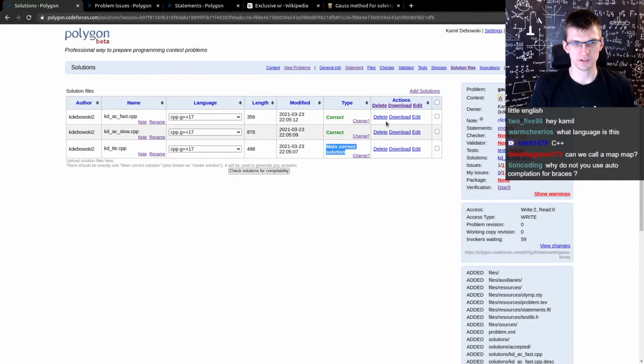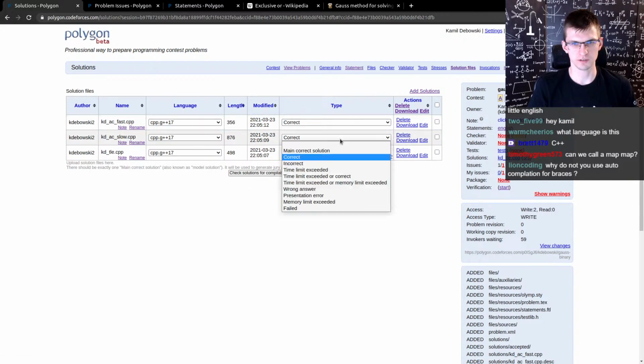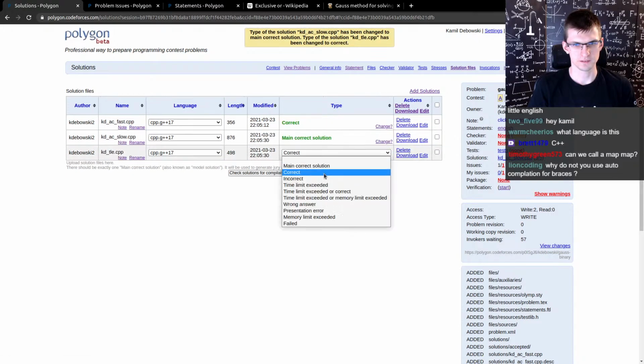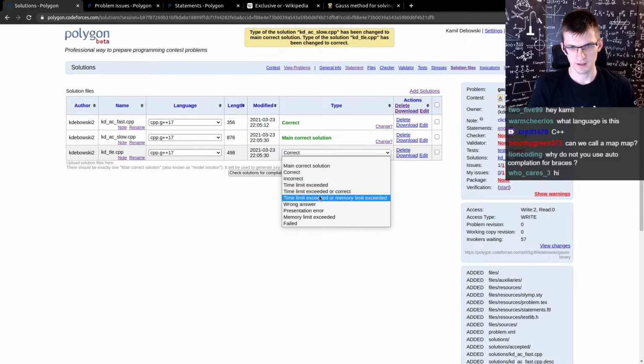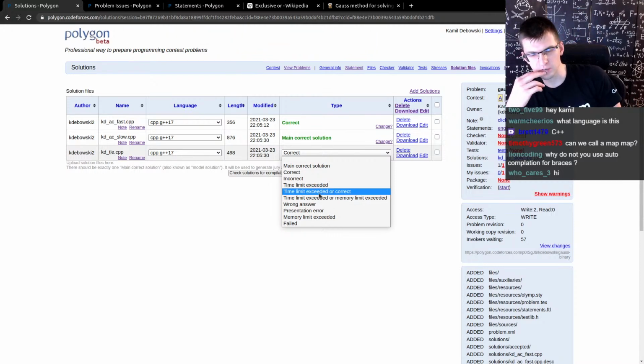This is not the main correct solution. This one is. No, the slow one. Main correct solution. This is time limit exceeded or... Oh, damn it. There isn't an option to say time limit exceeded or assert.